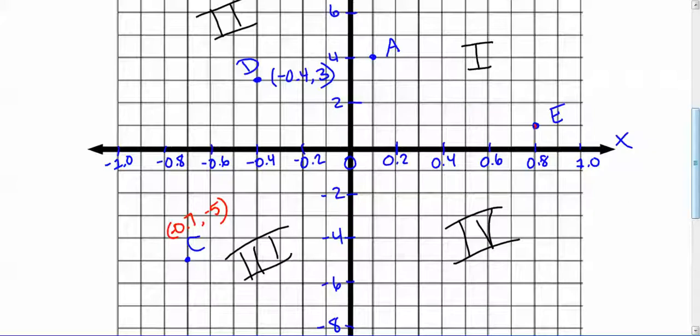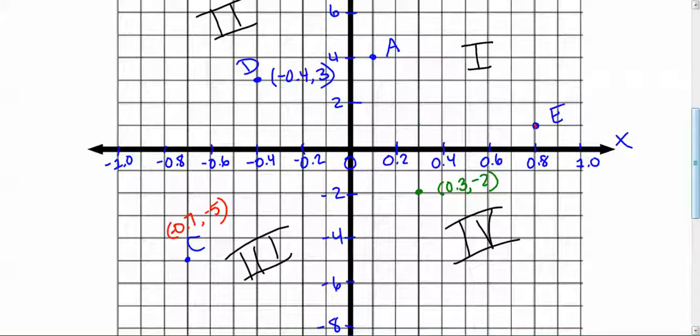All right, let's try another one, okay? I'm going to make up a different point here. So let's change where I put point F. Let's say point F was at +3/10, -2. So +3/10, -2, that's in quadrant 4.